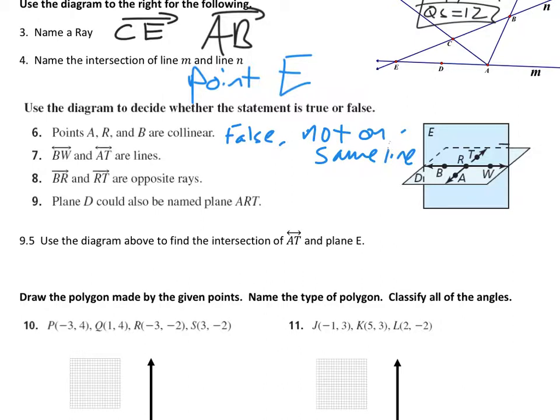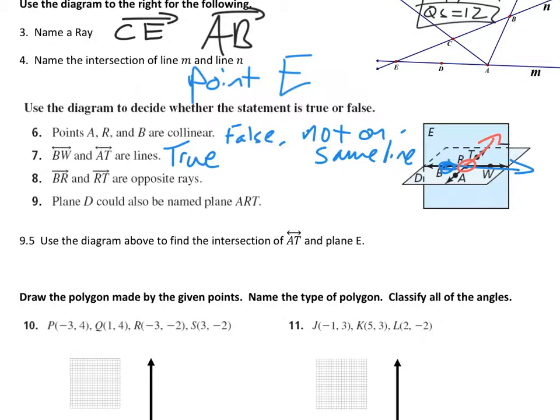Now the question is, are BW and AT lines? That's kind of too easy. BW is a line here, AT is a line, so that is true. And then are BR and RT opposite rays? Well, BR starts at B and goes through R. Then RT starts at R and goes through T. They're not even close to opposite rays.